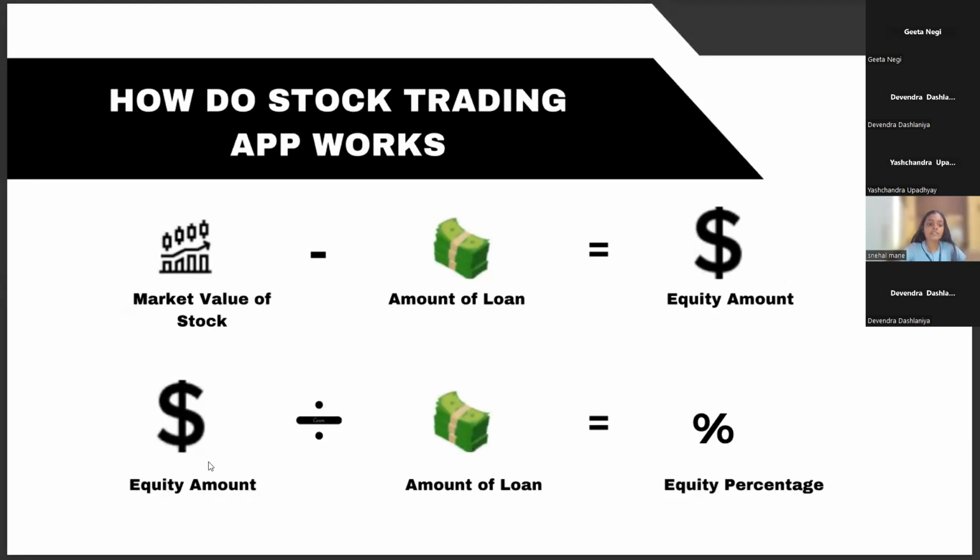When this equity amount is divided by the market value and multiplied by 100, I will get the percentage. This first expression shows the user's ownership value of the stock, and this equity amount shows what the investor or the user will get in return when investing in stock, that is the equity percentage. So this is how it works.